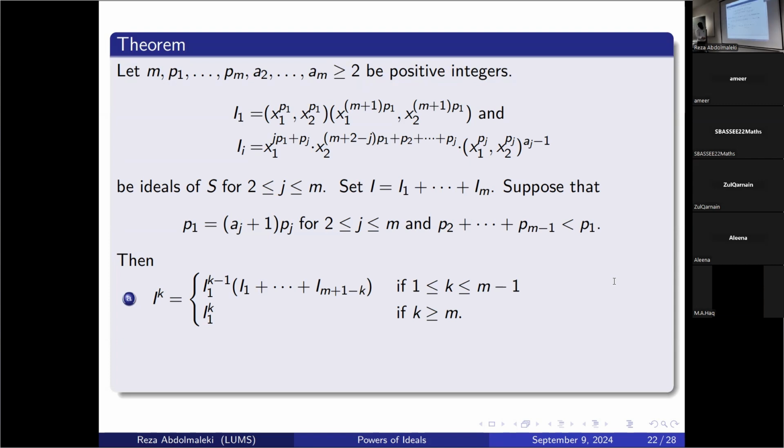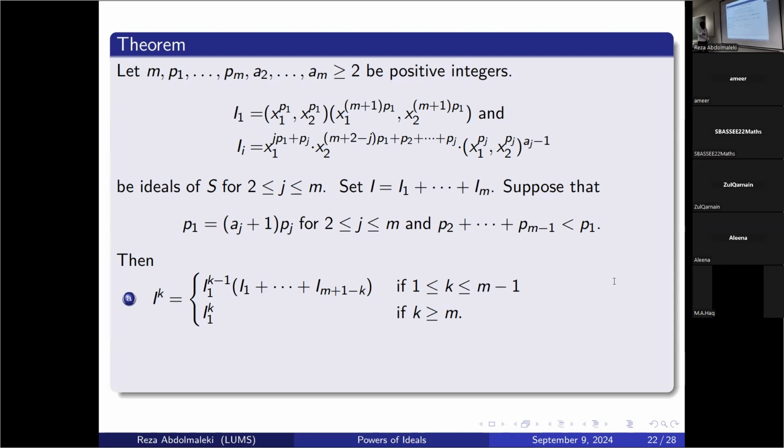So as you see, in each step up till here, one of these disappears when k is increasing. Like in the second power, this one disappears. In the third power, another one, and at this point just this one remains.